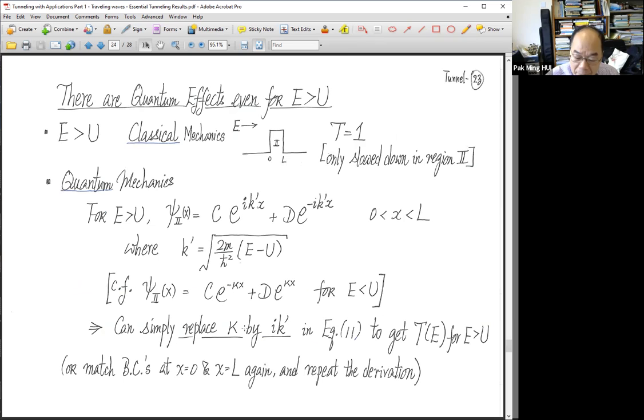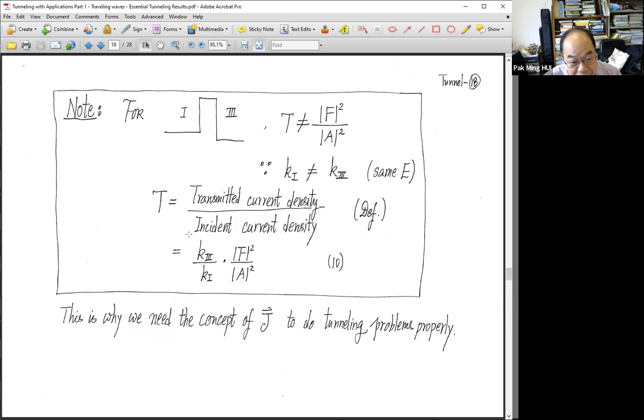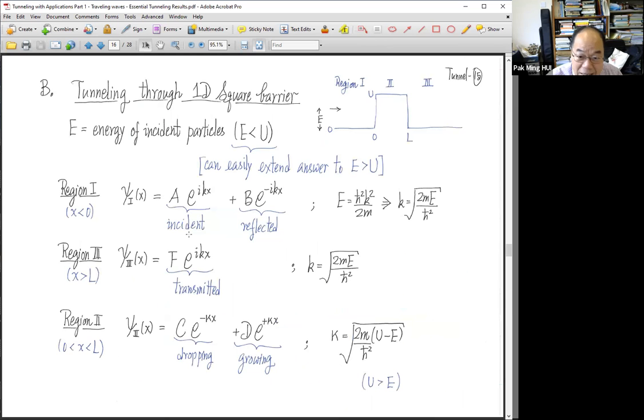Now we ask the second question. Is there any tunneling effect for incident energy above the barrier? This range, okay? We haven't done that. You have to do it again. By that I mean, you go back to this setup page. Now, the incident E is above the barrier.